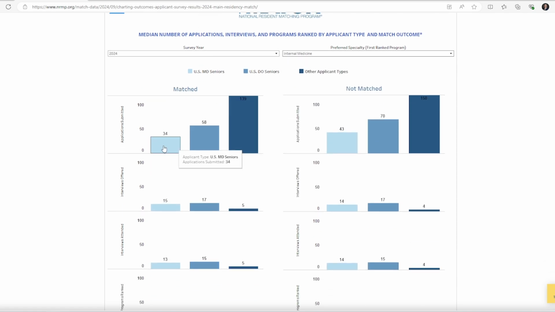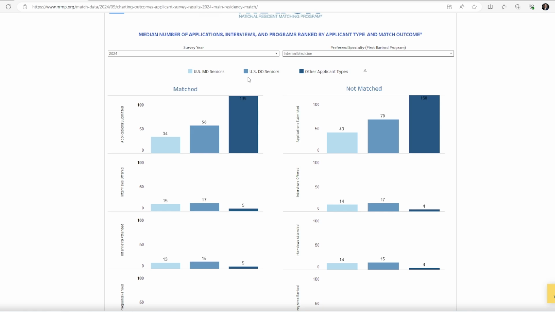Here you can see applications submitted, and this is the main topic covered in this video: how many programs should you apply to, how many applications should you submit. What's nice about this graph is that they're dividing it by the type of applicants. You have USMD seniors, which are the US medical students applying in their 4th year.